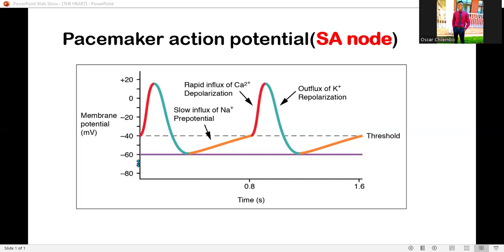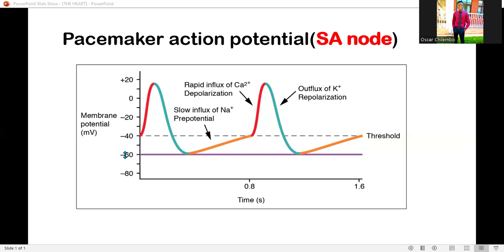The most important thing you must know is that the resting membrane potential of the pacemaker cells, the SA node, is around negative 60 millivolts. When it is at this point, it is at rest, meaning there is no activity happening.